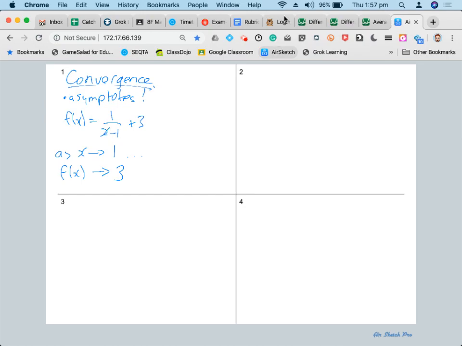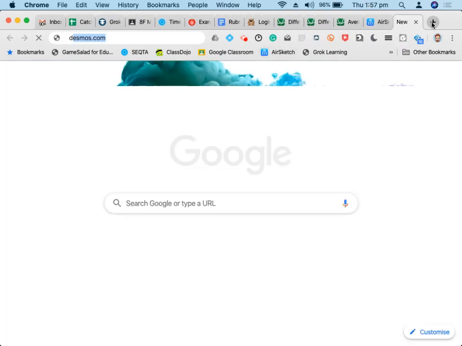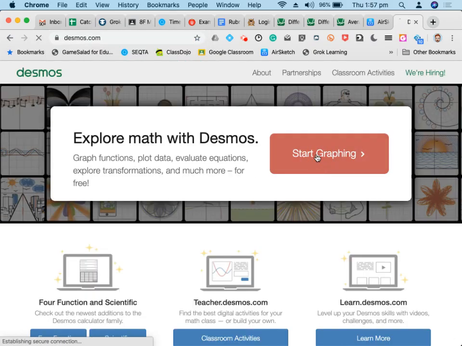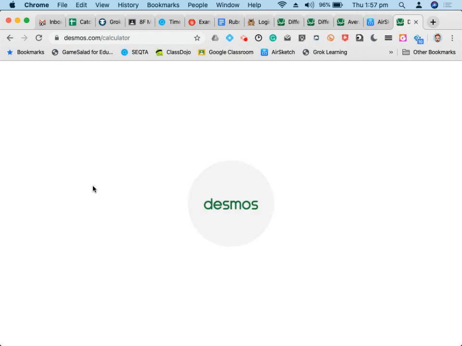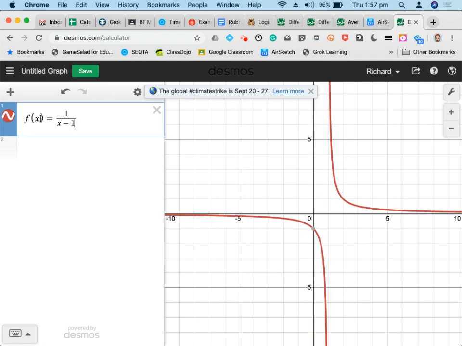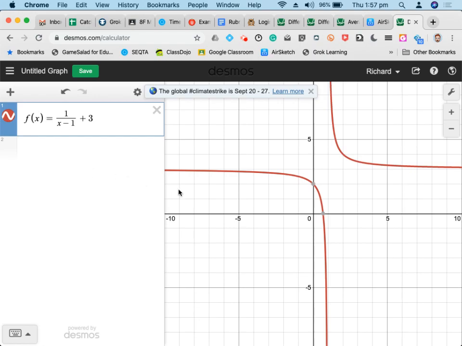So if we have a look at Desmos, for example, and I type in that function, we can see 1, 2, 3, there is a horizontal asymptote.